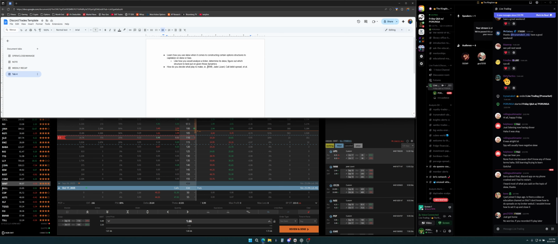So if implied volatility is high, the assumption is that it will go down over time, which helps our short premium trades. And if implied volatility is low, it's going to increase over time, which helps your debit trade.